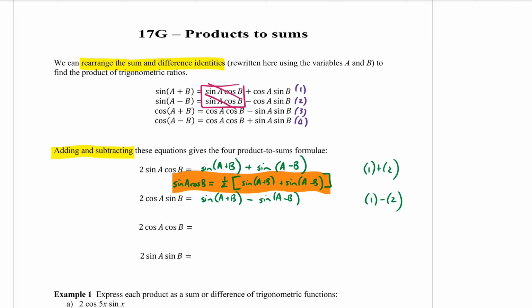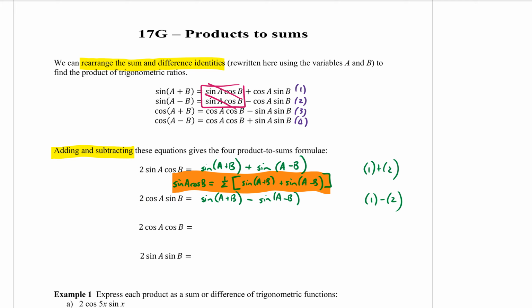Then for the second two terms, cos A sine B, when I subtract, I'll have two minuses next to each other. Minus minus makes a plus. Another cos A sine B, which will make 2 cos A sine B, which is the formula down here.